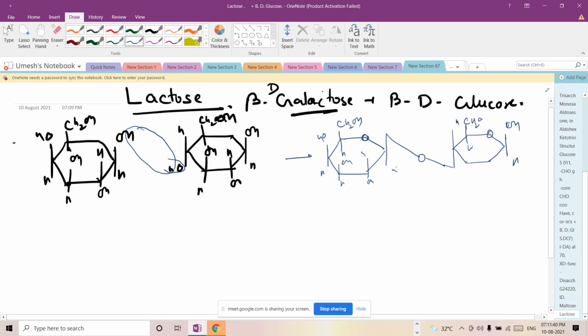The rest all is the same, just joining. And this is the structure of the lactose.